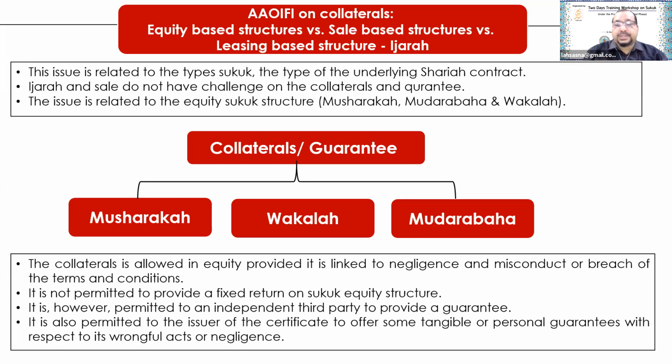But if you just put it without qualifications, without any linkage to negligence or misconduct, you may have a problem in your structuring of sukuk, especially, as I mentioned, if it is musharaka, wakala or mudaraba. And of course, it is not permissible to provide a fixed return on the equity structures, but it is permissible to have an independent third party provide a guarantee, as we mentioned in the case of Dana Jami, which is a government-linked agency that provides enhancement for the sukuk.